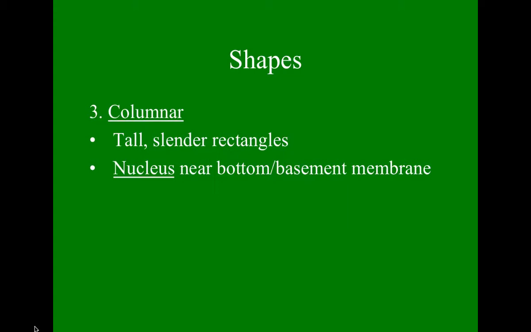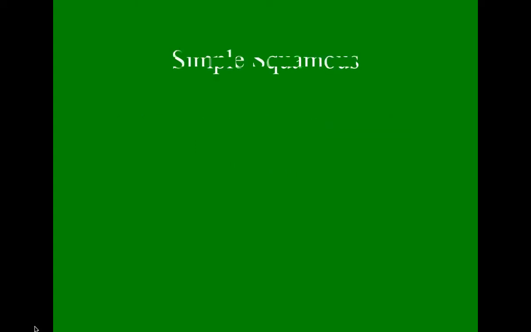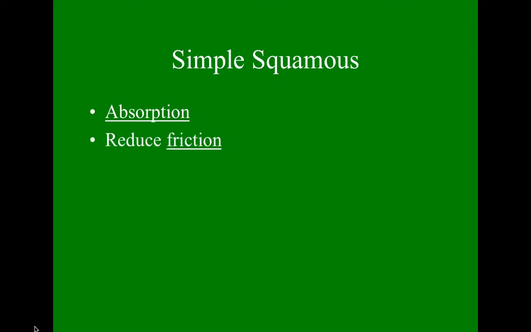So based on these three shapes and the two types of layers that we've got, we can classify our epithelial tissue by creating the different combinations. Let's look first at our first combination, which is simple squamous. So I have one layer of squamous shaped cells. These function in absorption, and they also help to reduce friction.